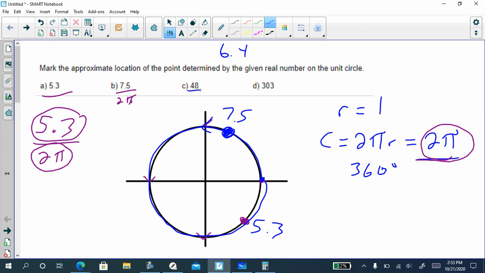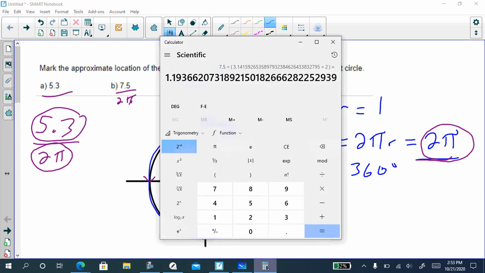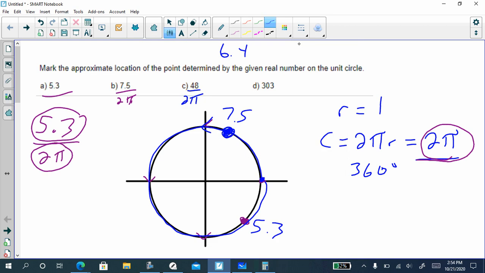If we did the same thing with 48, how many full rotations is that? 48 divided by 2 pi, we get 7.64. So that's 7 full rotations. So we go around 7 full times, and then 64% of the next rotation.